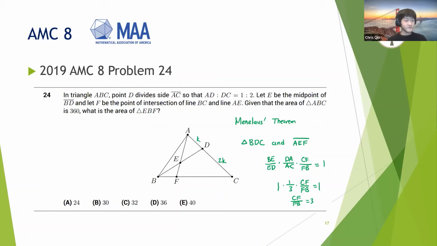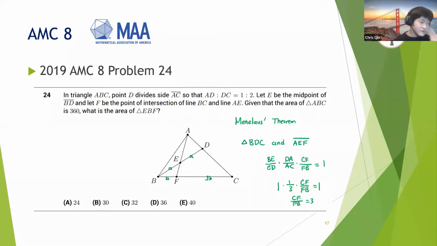So once we know CF to FB, we've basically found another ratio in this problem. So how are we going to use this? Now we know that these two are equal since it's the midpoint, and also that if this is B, this is 3 times B. We're given the area of triangle ABC, and we want to find the area of triangle BEF.